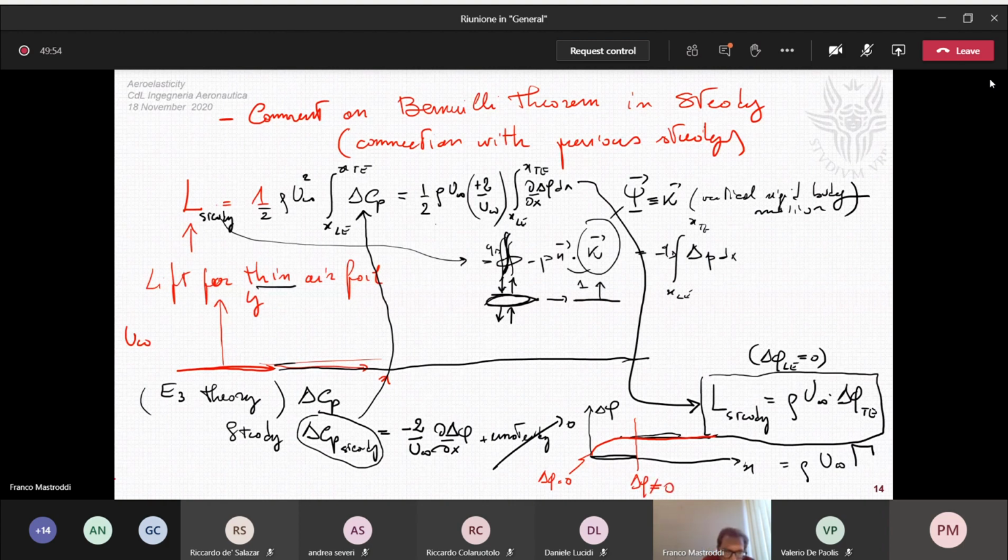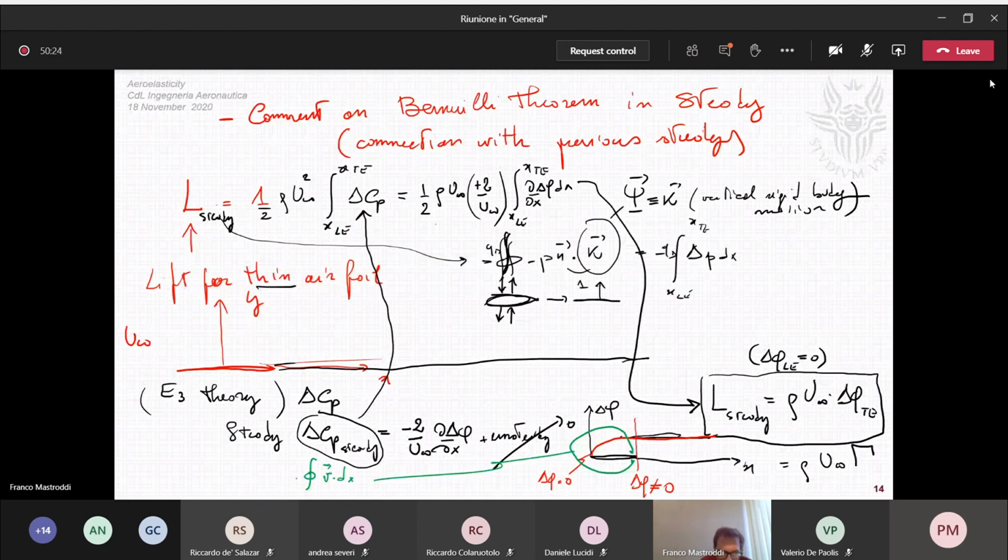If you take the famous circulation line integral for phi and you take a circuit from here to here, this circulation is the integral of v dot dx.